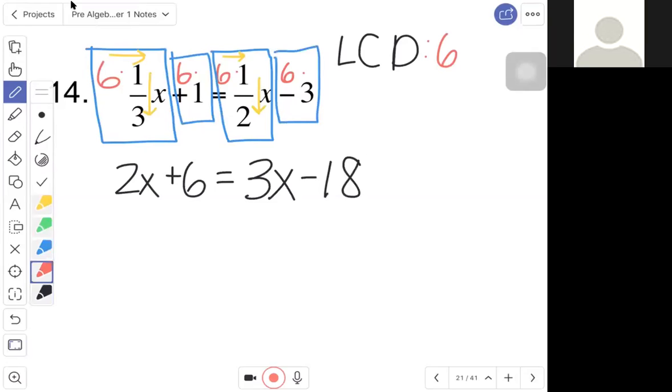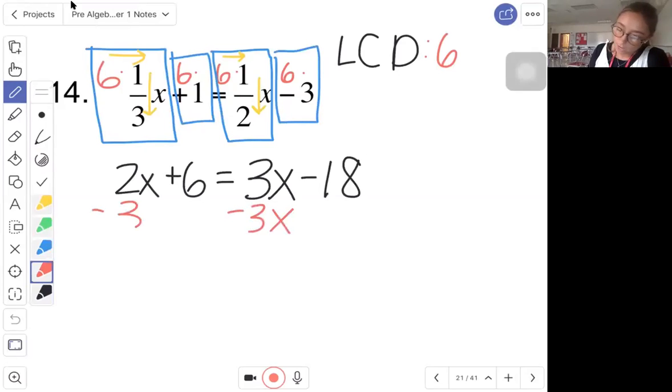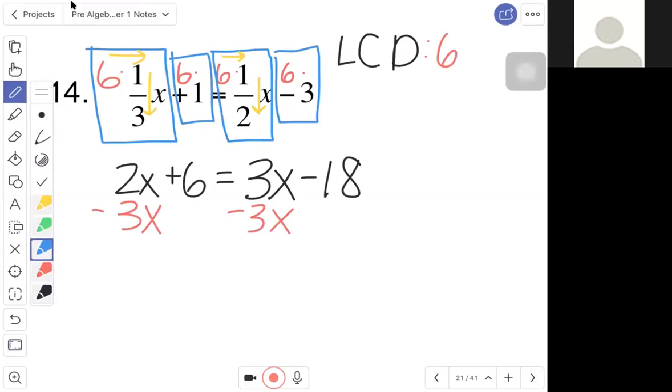You could subtract either 3x from both sides or 2x. Nice. Yeah, you can bring it to either side. So just to be consistent, we're going to subtract the 3x over to the left so that our variable's on the left. So 2x minus 3x, Josh, will give us what? Negative 1x. Good.